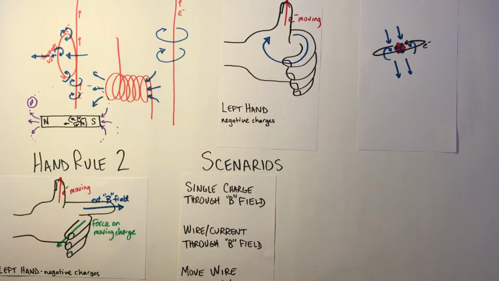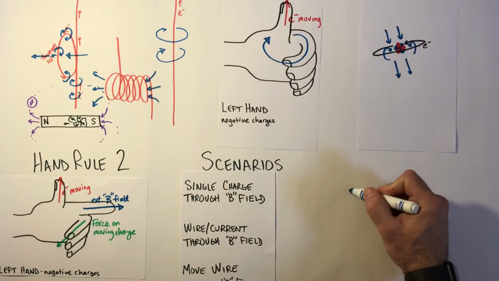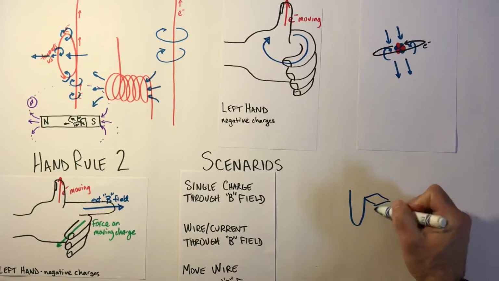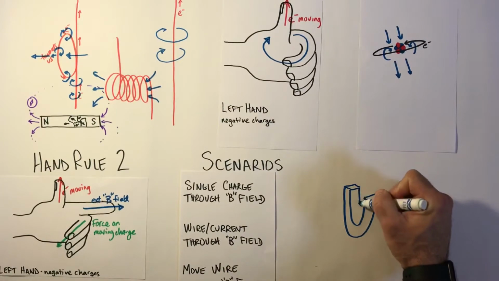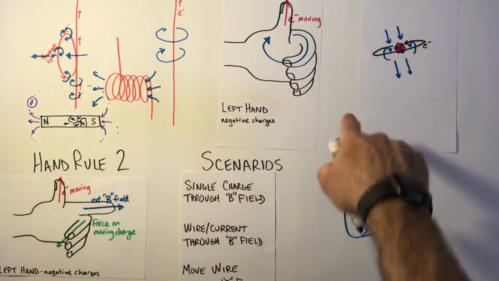The first one is just a single charge moving through a magnetic field. Okay, keep it simple. So we're going to draw a magnet here. Okay, get my 3D skills on again. So we're imagining this is like a horseshoe magnet. Okay, so this is coming towards us, and then this part is behind.